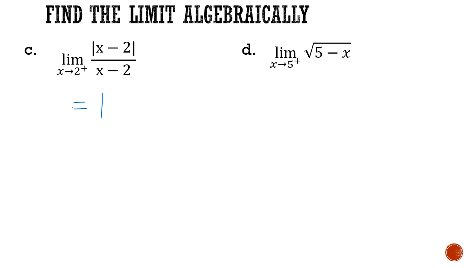And D, we have a square root function. It has a negative x, so that means that this function is reflecting over the y-axis, and you have a horizontal shift. So you can do a quick sketch.